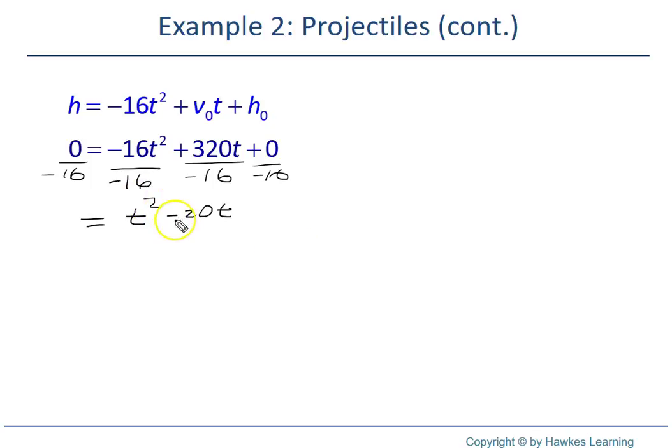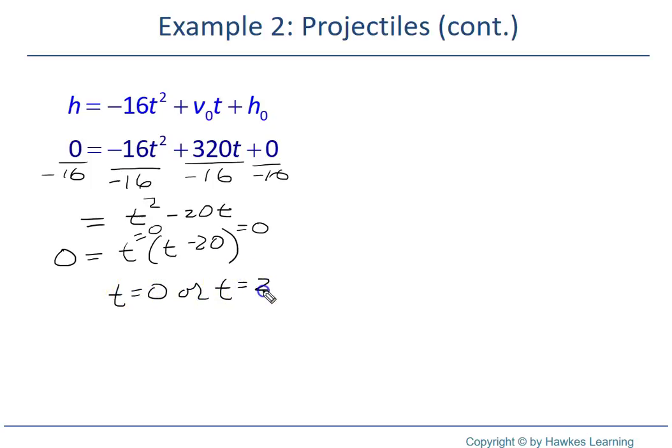So this one's easy to factor. So we take out a t, and we get t minus 20. Well, we had said we're going to equate each of these factors now to 0. So we got t equals 0, or t equals 20.